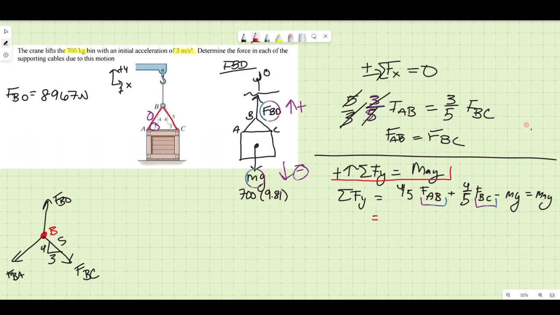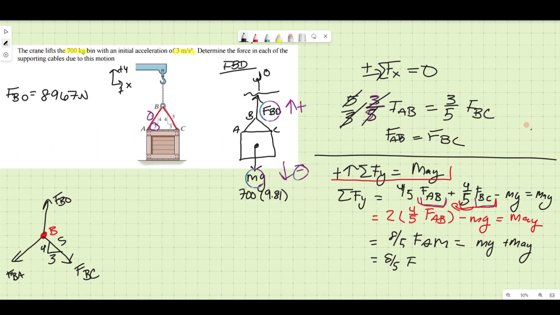So I'm just going to say that it is 2 times 4/5 F_AB minus mg equals m a_y. Now that we've substituted this in here, given our previous statement that they're equal, we can say this is equal to 8/5 F_AB equals mg plus m a_y.